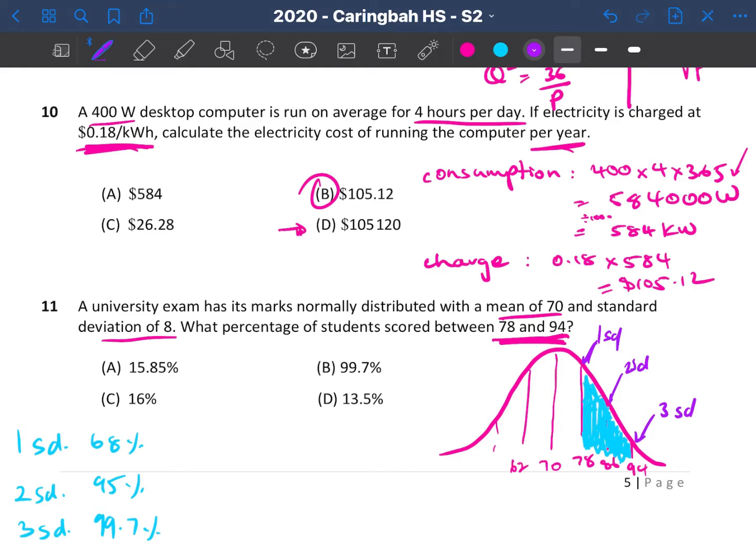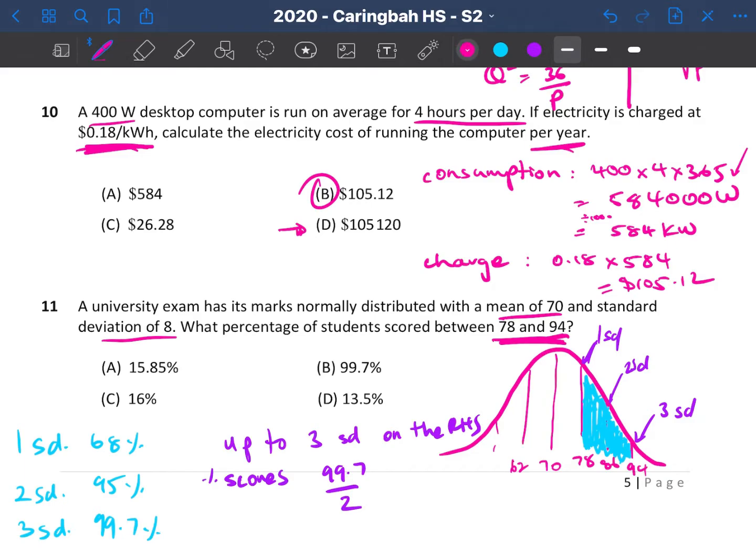I know that up to 3 standard deviations on the right hand side, the percentage of scores is 99.7 over 2.